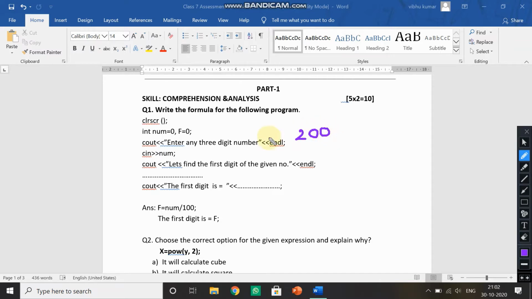Now see in num, we have given 200 on this line. Now let's find the first digit of the given number. So what we had to find? We had to find the first digit, means we had to extract the number 2 from this 3-digit number.